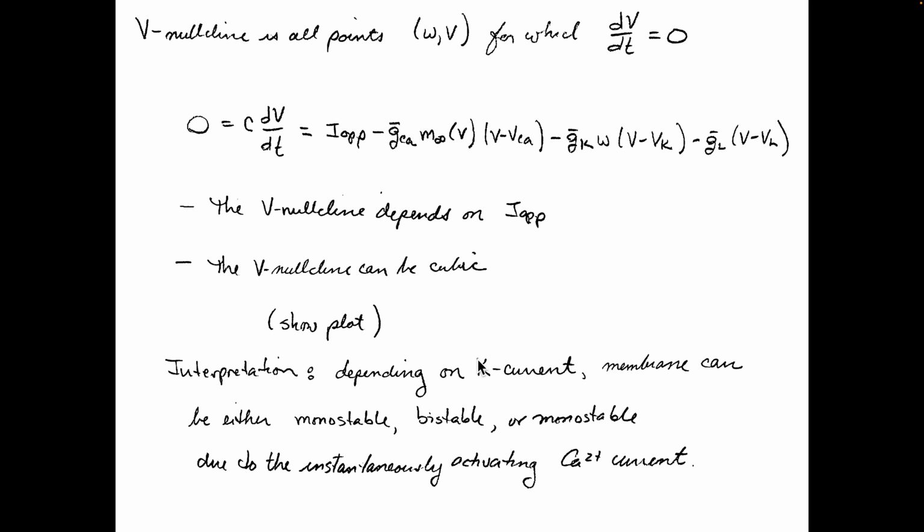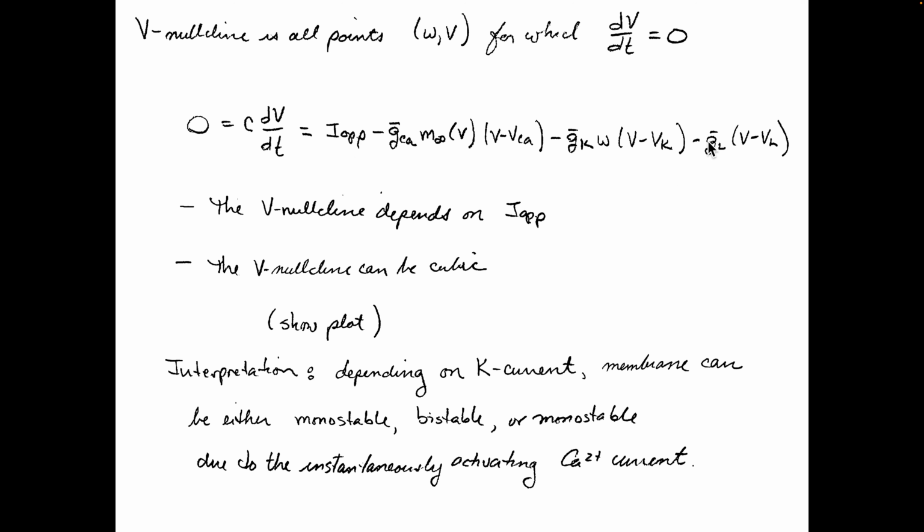Now, the voltage nullcline is more complicated. The voltage nullcline would be all the points in the plane for which the rate of change of the voltage is 0. If you set the left-hand side of the voltage equation to 0, the capacitance ends up not mattering, but you still have quite a number of terms here, all 3 of which are voltage dependent, and then there's the applied current as well.